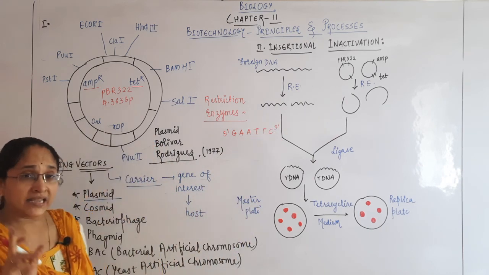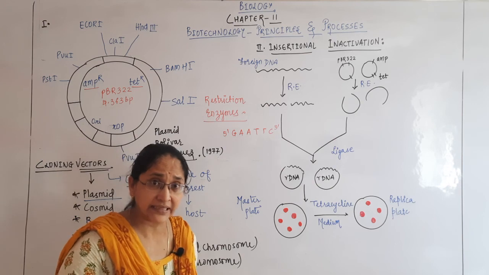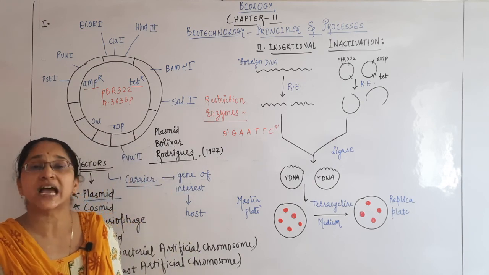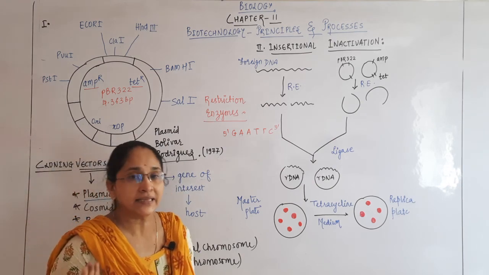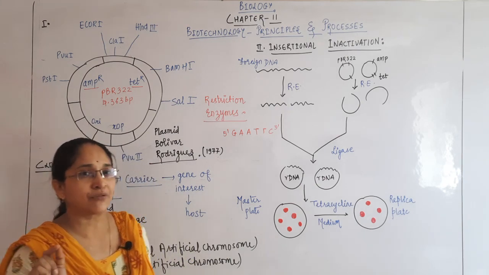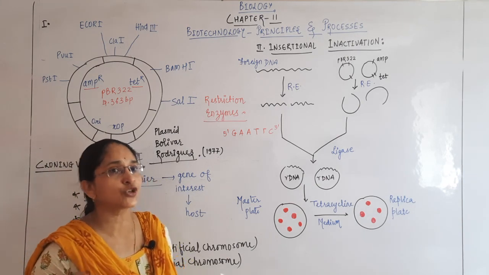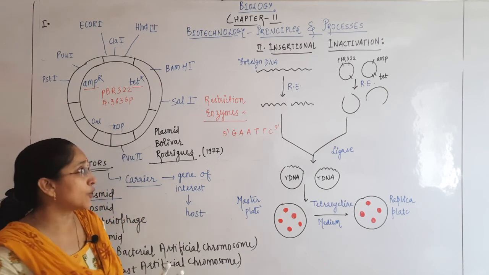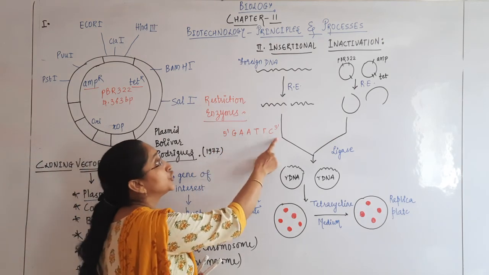We know the endonucleases are type 1, type 2 and type 3. Generally we use type 2 endonucleases. They are very specific for the restriction site and they will cleave the palindromic site from the 5' end to the 3' end.